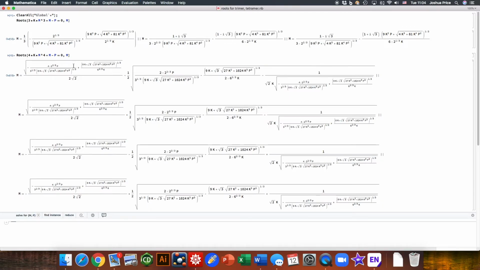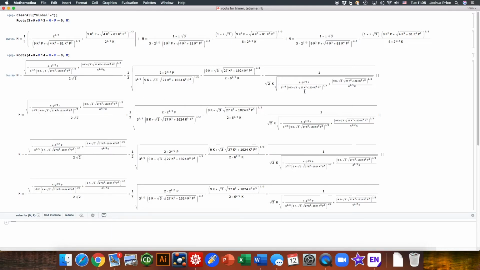So we press Shift Return, and we have 4 different roots. Now this gets a little bit tricky here because as you look, the number i does not appear anywhere in these roots. So we don't know yet which of these, if any, are real versus imaginary.